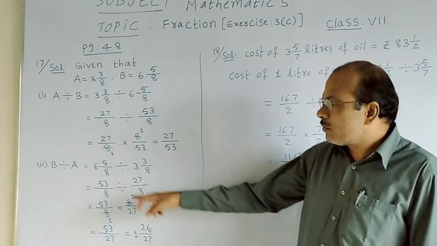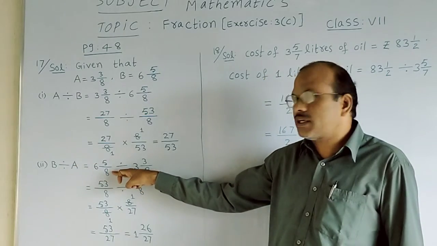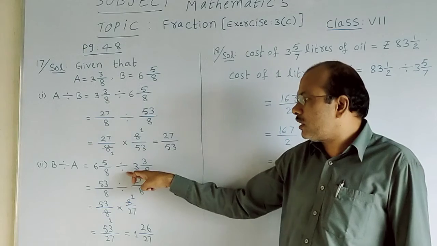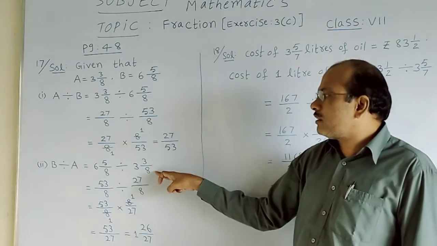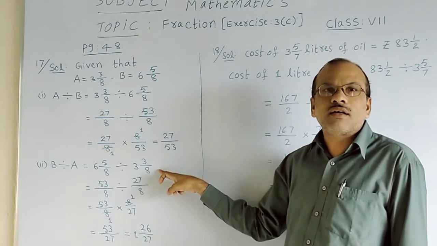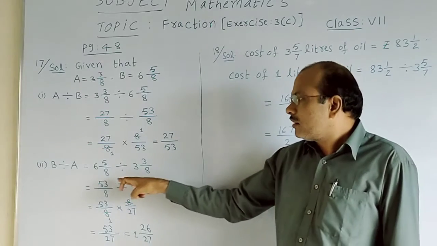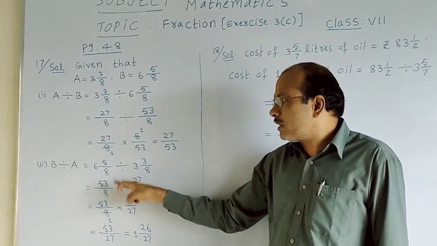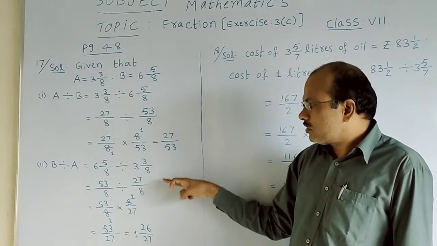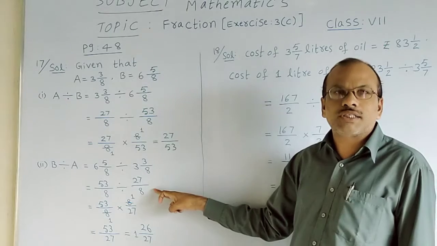Yes. So B value first, I have written 6 5 by 8 divided by symbol. A value is 3 by 8 I have written. Now this is 53 by 8. We know how to convert that. Divided by symbol. This is 27 by 8.